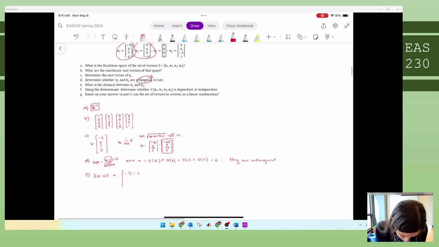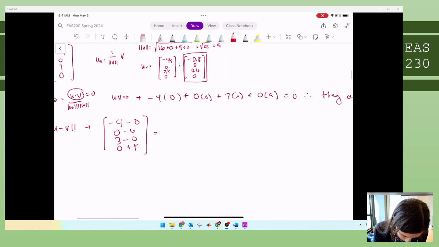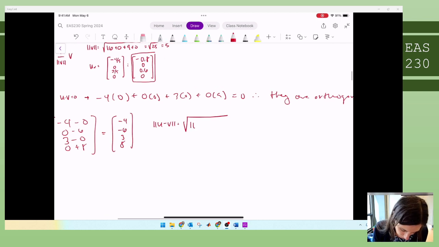So negative 4 minus 0, 0 minus 6, 3 minus 0, and 0 minus negative 8. Negative 4, negative 6, 3, and 8. If I take the norm of that, it's the square root of all the elements squared, so 16 plus 36 plus 9 plus 64.